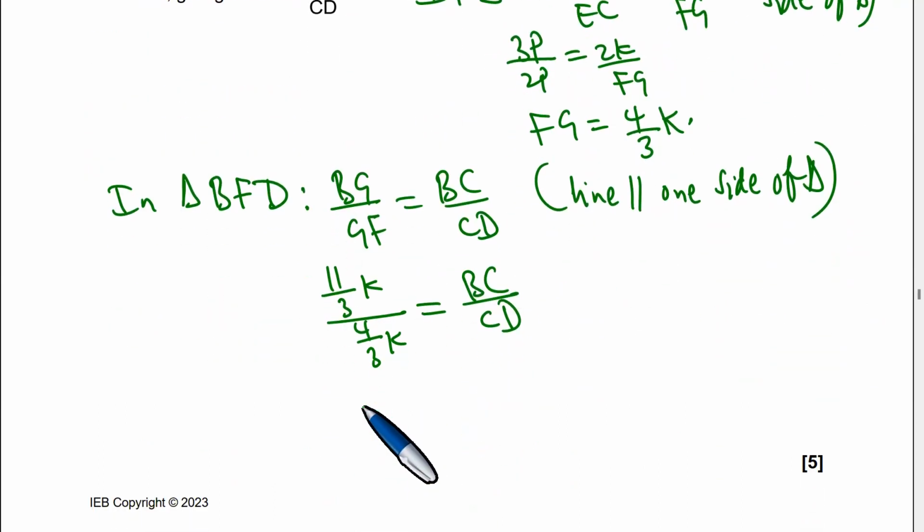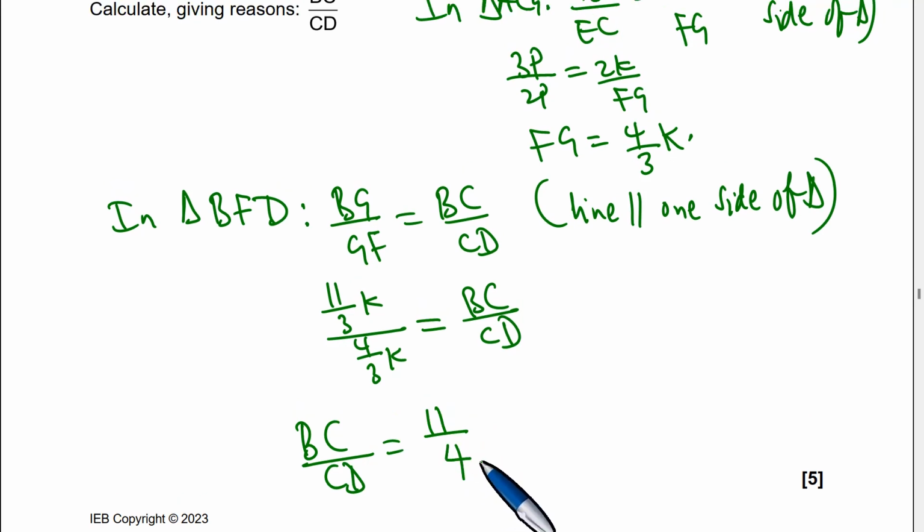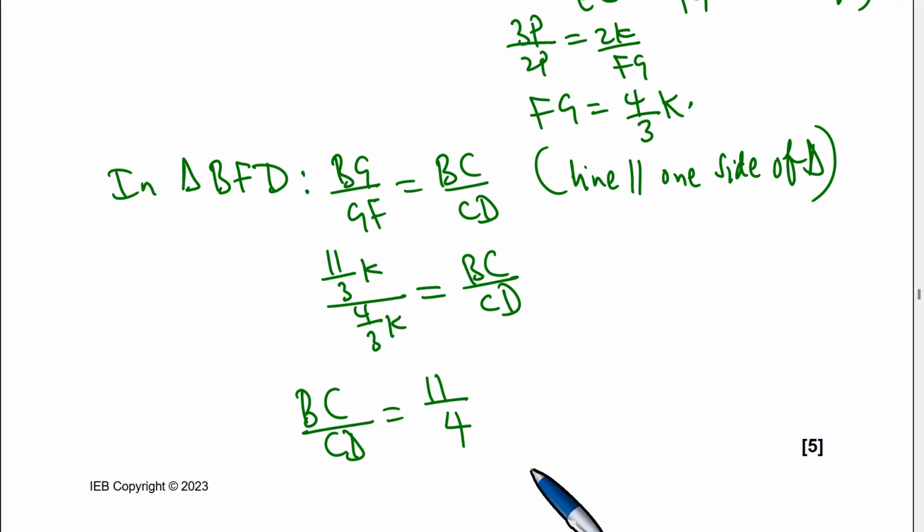What does this mean at the end of the day? This means that BC over CD is the same as 11 out of 4. That's what they asked us to do. They said determine BC over CD, and BC over CD is therefore 11 out of 4.